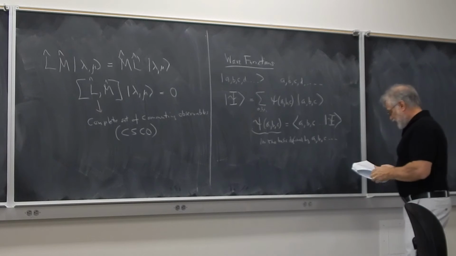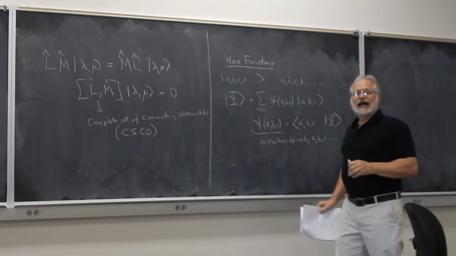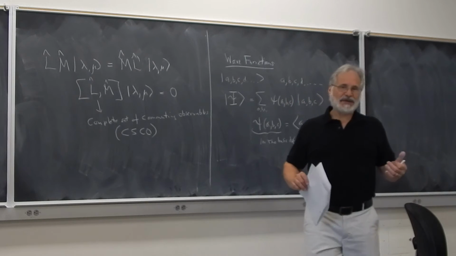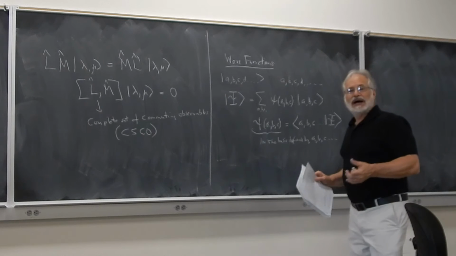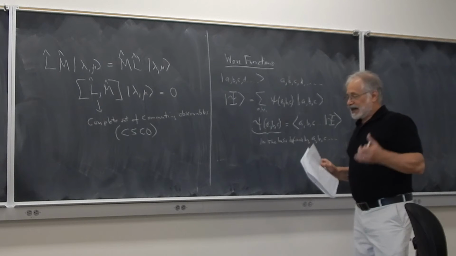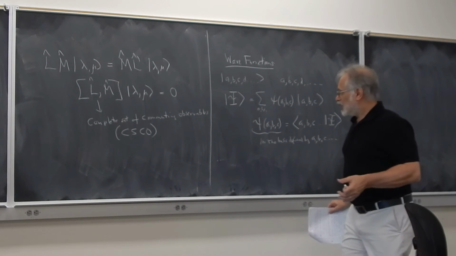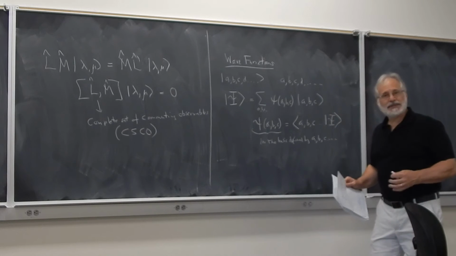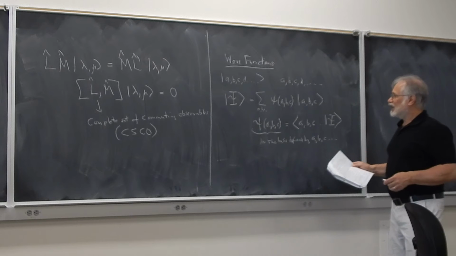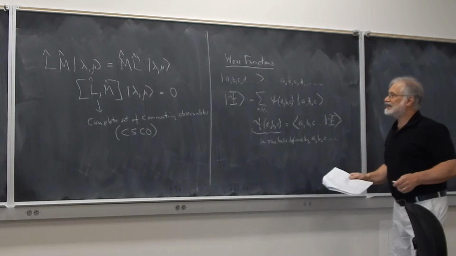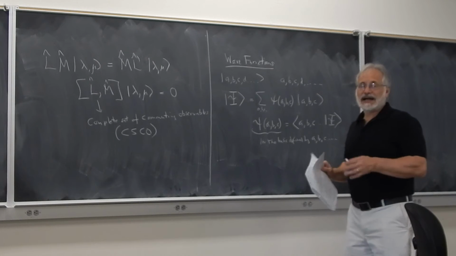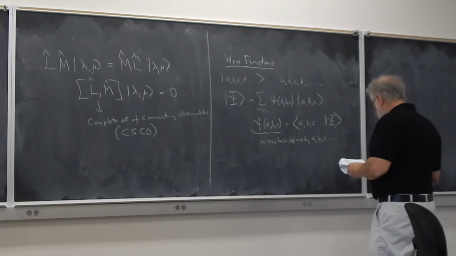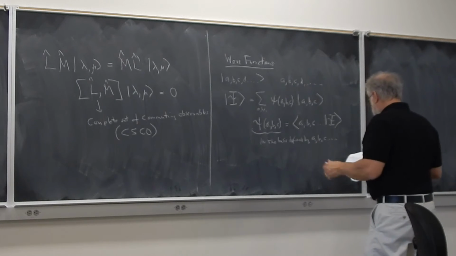So you notice, when I have a ket, it's independent of the basis in which I'm working. A ket is a ket is a ket. But when I'm talking about a wave function, the wave function depends upon the basis in which I'm working. In this case, I'm talking about the basis that has eigenkets A, B, C, D, etc. Let's say a little bit more.